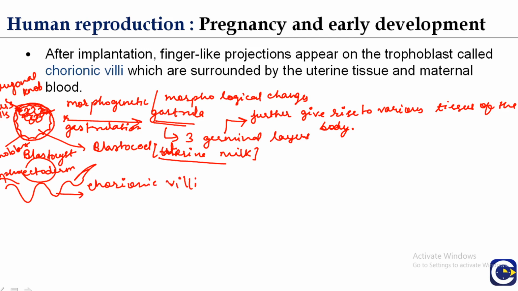These projections are surrounded by the uterine tissue and the maternal blood. So further there is the formation of a joint structure of chorionic villi plus the uterus, which is known as the placenta.